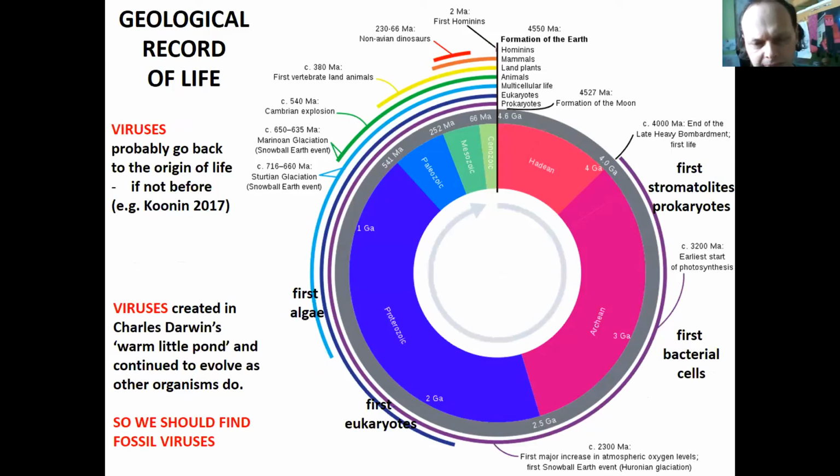So in other words, where the first stromatolites or bacteria appeared, most likely viruses were already there. We could say that viruses were created in Charles Darwin's warm little pond, and continued to evolve as other organisms do.